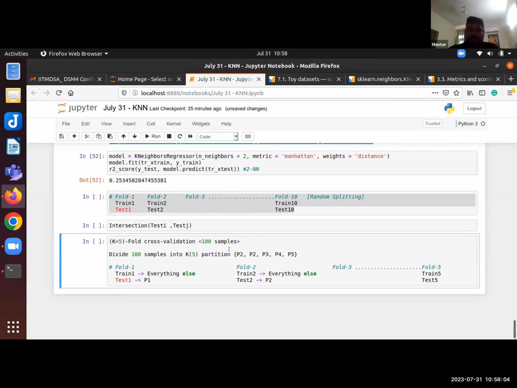That's what this means. So when we are doing this k-fold cross validation, if your data set has 100 samples, you divide the data set into say 5 parts if you are interested in doing 5-fold cross validation. If you say I am interested in doing 10-fold cross validation, you will have 10 partitions in that case.